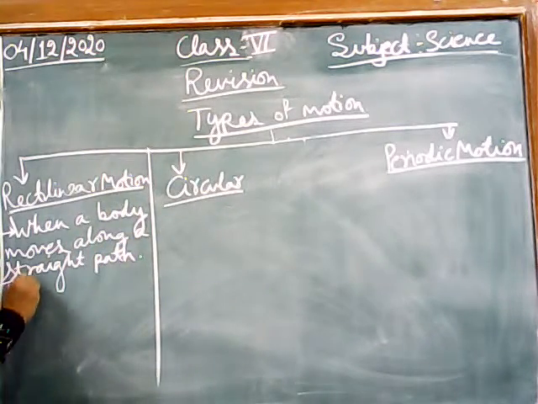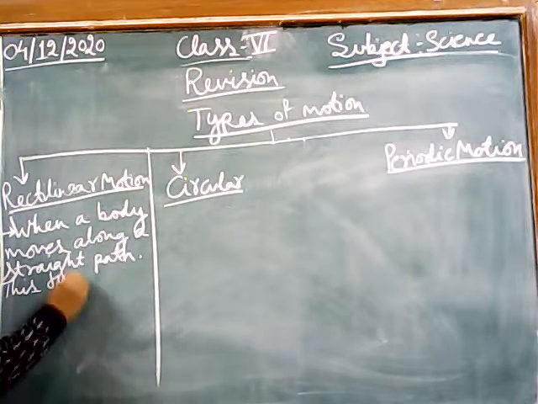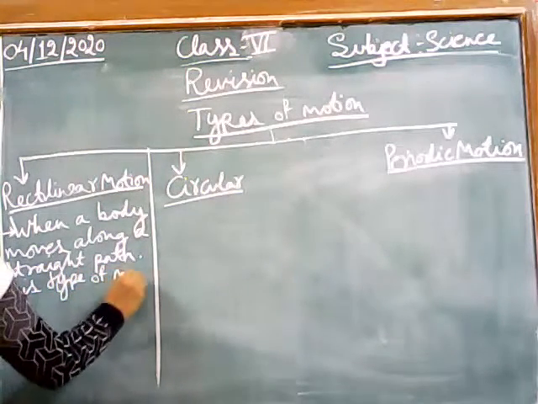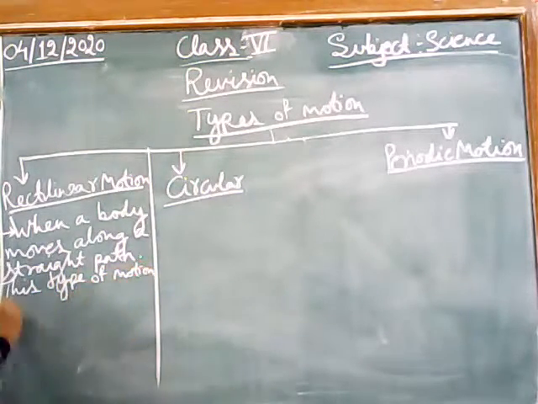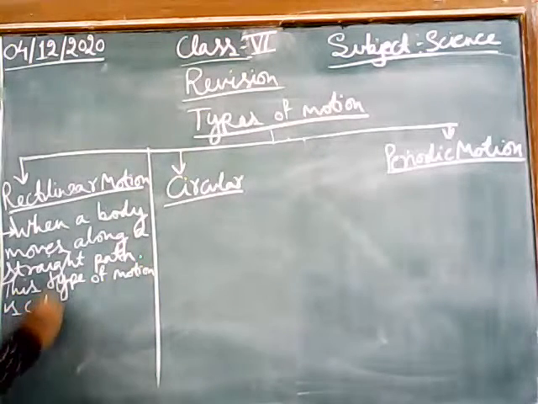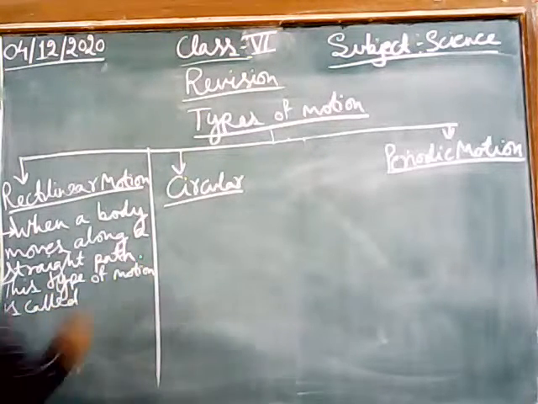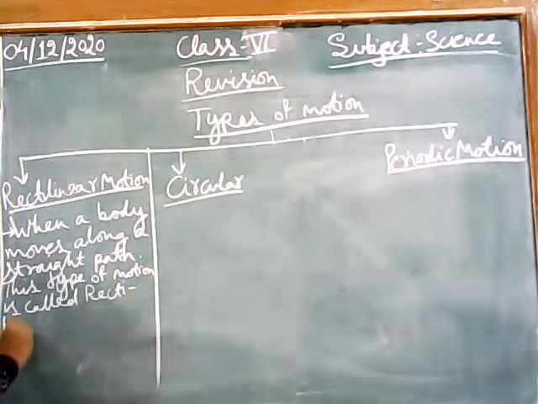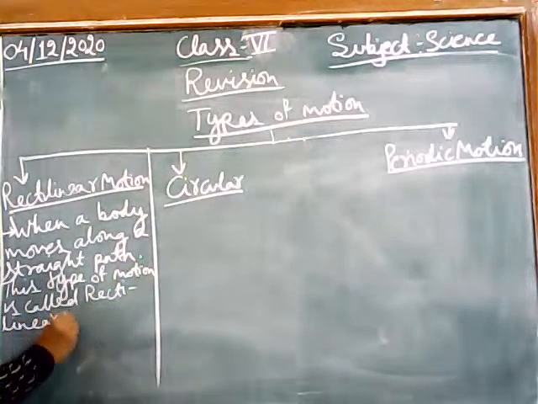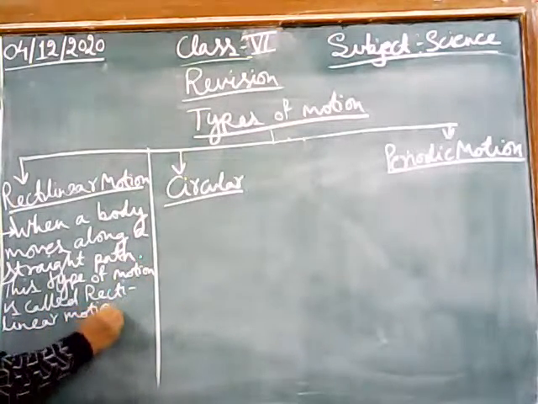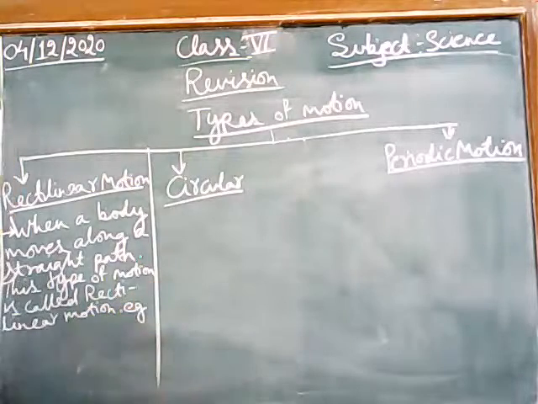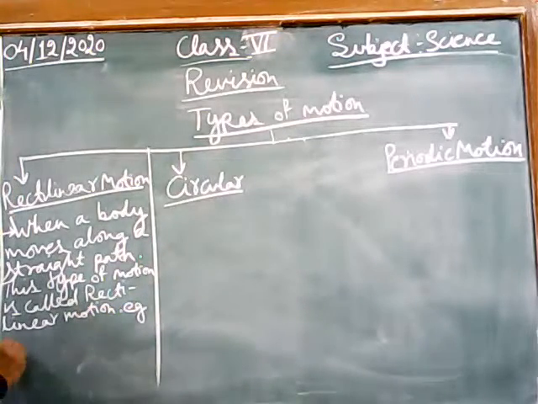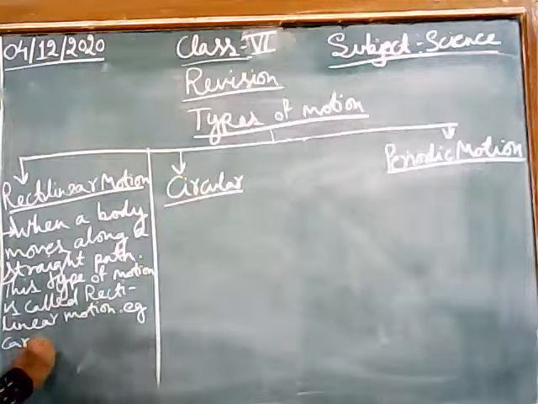This type of motion is called rectilinear motion. For example, a car moving on a road.